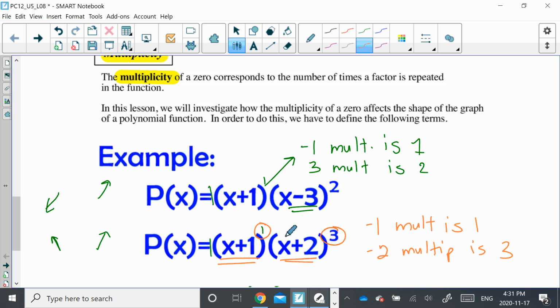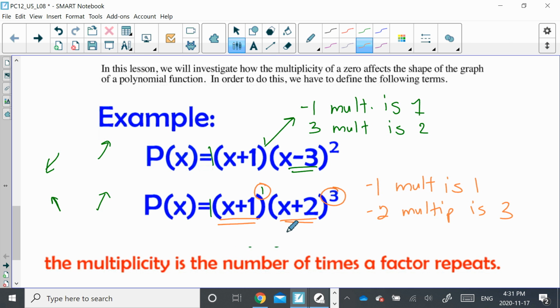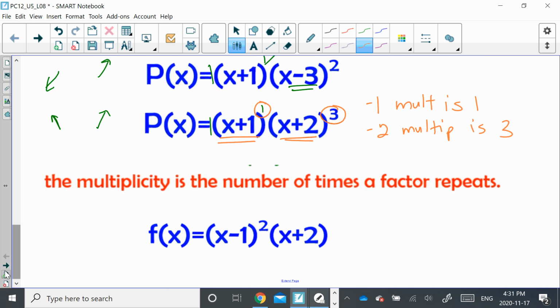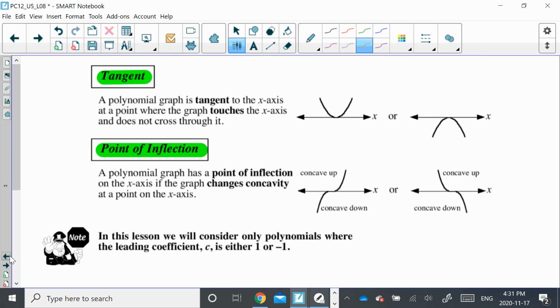Okay, now we're going to look at the bottom of the page. Don't worry about writing this. We're going to look at the bottom of the page, which has the words tangent and point of inflection. So these two concepts are actually concepts from calculus, but I'm going to just show you and explain, because I'll be using these words in lots of the examples, what a tangent graph looks like versus what a graph with a point of inflection looks like.